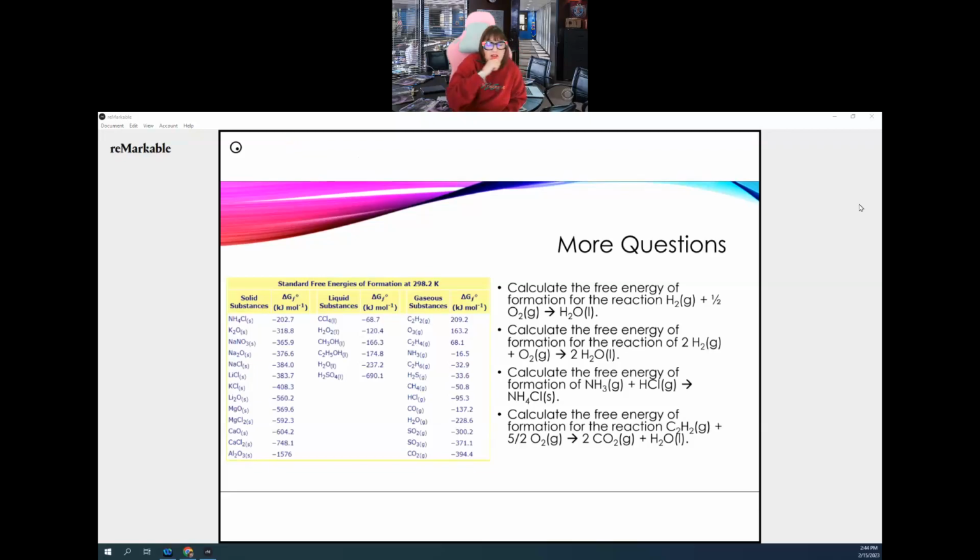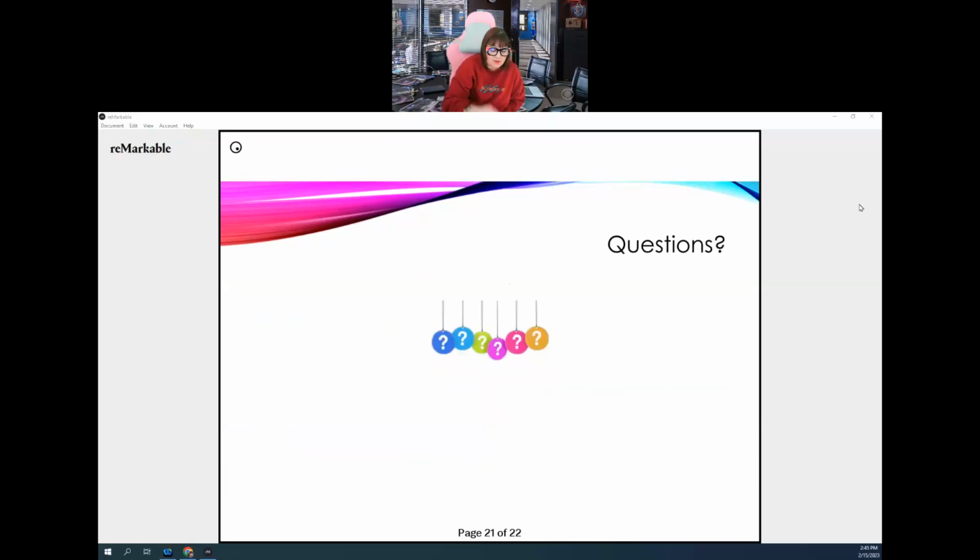So I would have to look these up in those standard thermodynamic values. Okay, so it would be the H2O liquid minus the H2 plus half of the O2. That's the total that gets subtracted from the H2O. Okay, I'm going to do that on D2L because I need to look up those values because not all of them are here. Sorry about that.